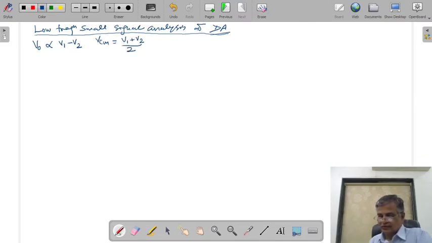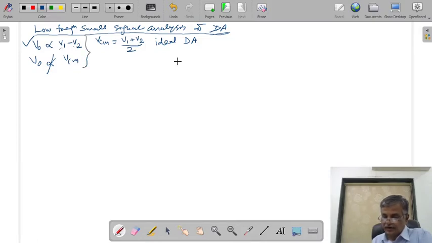So the function of the differential amplifier is to amplify the difference between two input signals and always reject the common mode signal. This I am talking for an ideal differential amplifier. For an ideal DA this is possible, and VO does not depend upon VCM.